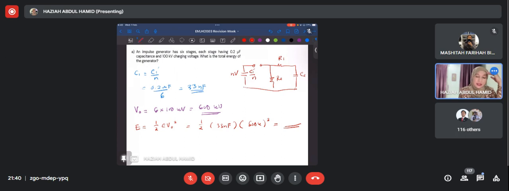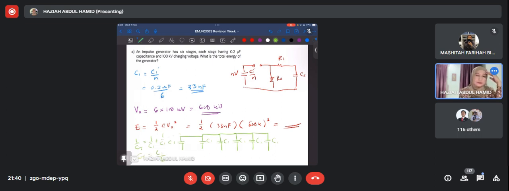Kalau dia kata 6 stage, ada C1, C1, C1, C1, C1, C1. Ada 6, same value. So kita boleh dapat 1 per C total sama dengan 1 per C1 tambah 1 per C1 sampai habis.